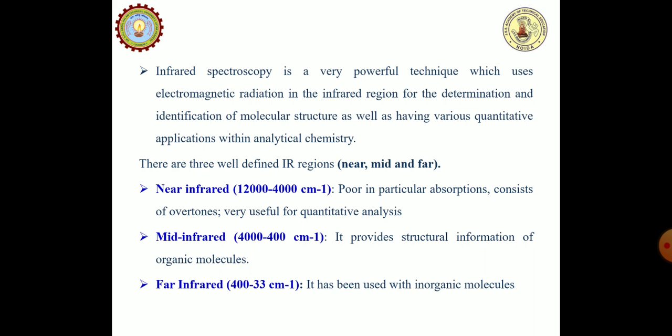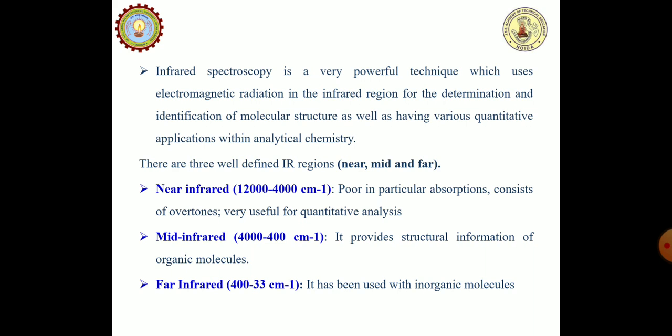The first one is the near infrared region. The range is in between 12,000 centimeter inverse to 4000 centimeter inverse. This near infrared region consists of overtones and is very useful for quantitative analysis. In this region, we observe very poor absorption, means transmittance is more.